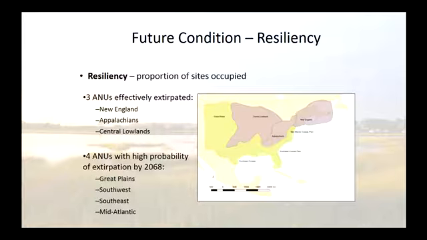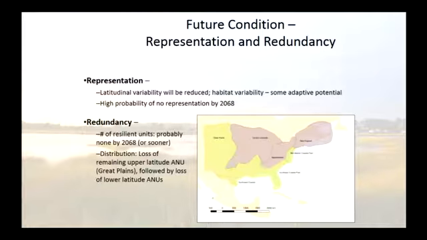The 3 analysis units that are currently extinct, we expect will continue to be extinct in the future, unless there's some serious work being done. They also expected and passed forward to the decision makers that there is a high probability of extirpation from all 4 other regions that are currently extinct by 2068. I think is the most optimistic future status.